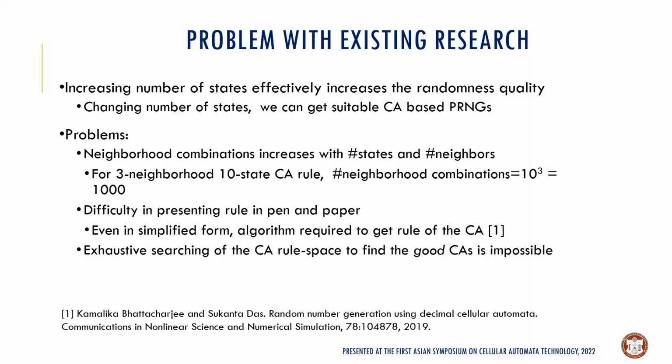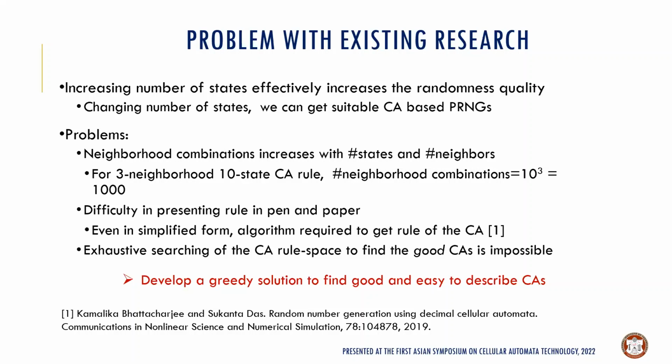Another problem that arises is exhaustive searching of the CA rule space to find which CAs are good. That is practically impossible, because if we increase the number of states, the number of possible rules also increases accordingly. So this is very difficult to deal with.